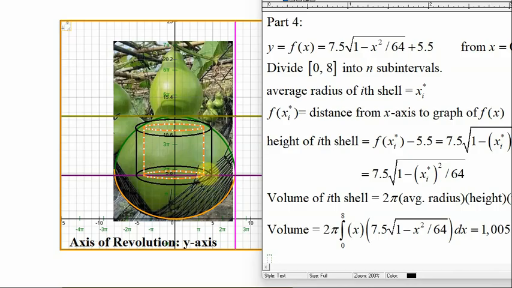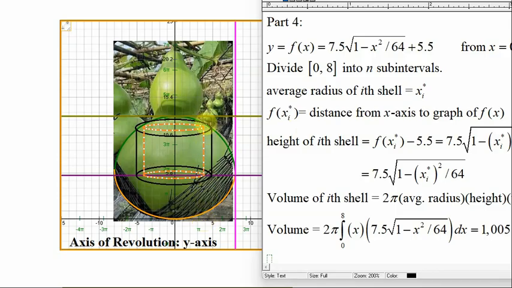Right in the middle, we'll call that x sub i star, which is the average radius of this ith shell. And then the height will be the distance from this line, y equal to 5.5, up to this graph right here. Now at x sub i star, f of x sub i star is the distance from the x-axis up to the graph.